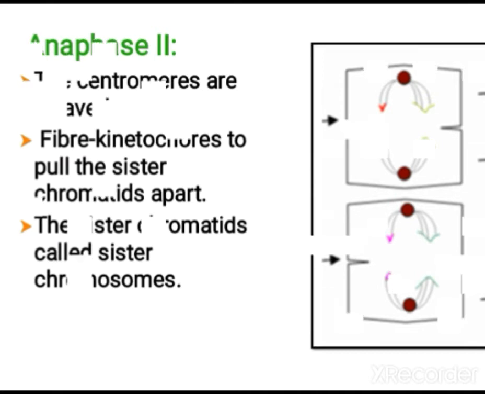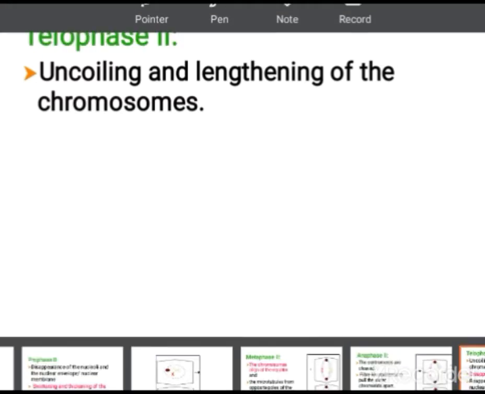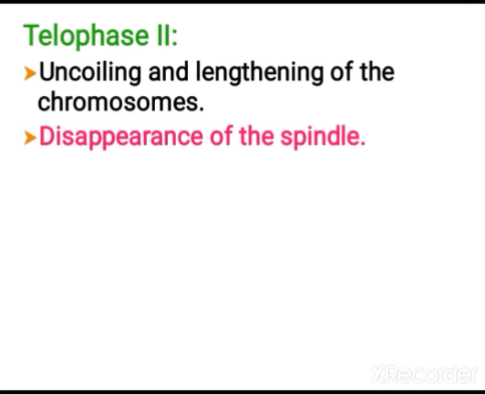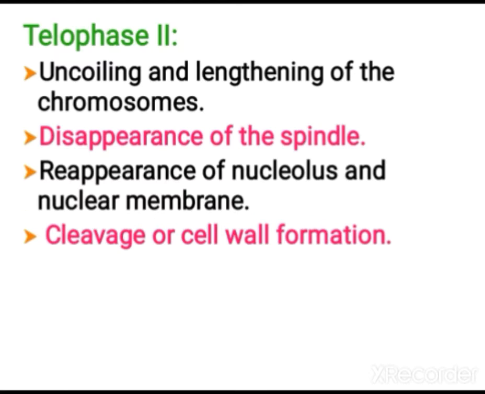Next, after anaphase 2, there will be telophase 2. At the end of telophase 2, uncoiling and lengthening of the chromosomes occurs. They started to condense during prophase, but here the chromosomes uncoil and lengthen, meaning the fibrous condition appears, and the spindle fibers disappear. Then the nucleolus, which disappeared during prophase, reappears, and the nuclear membrane also reappears.